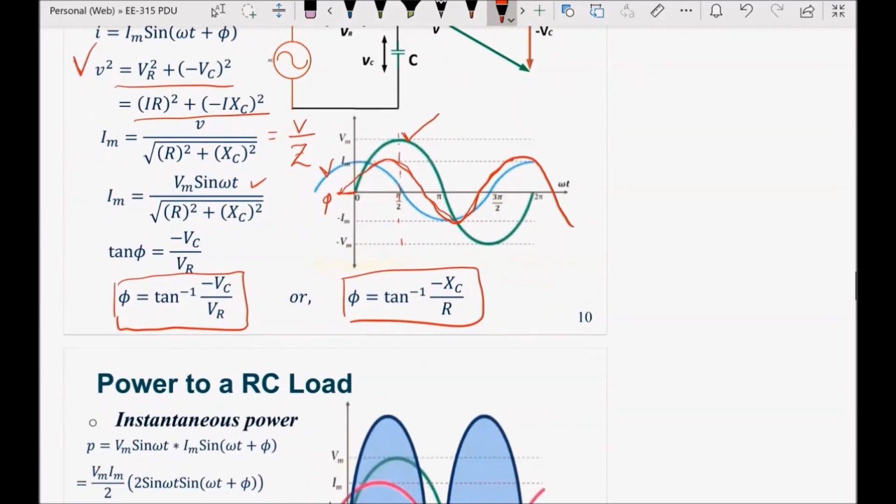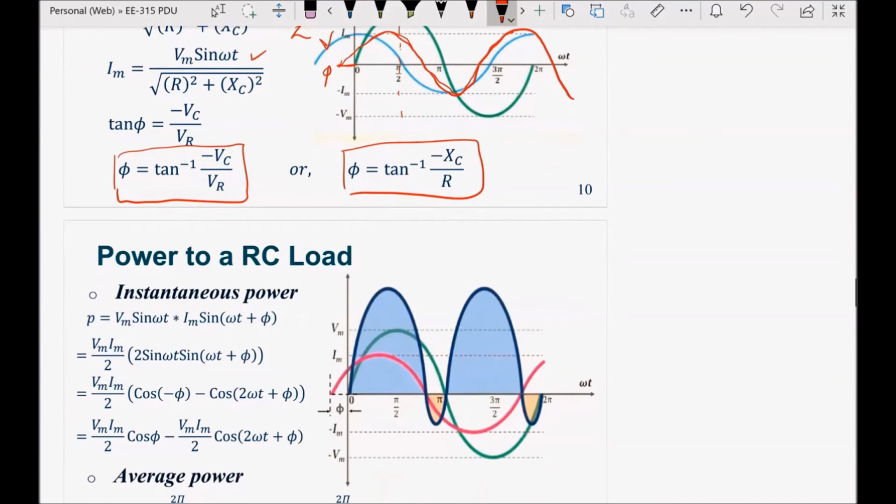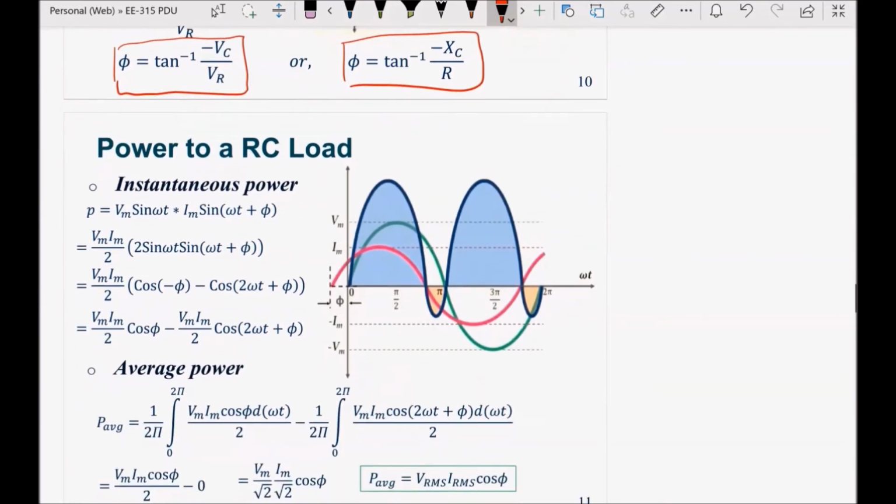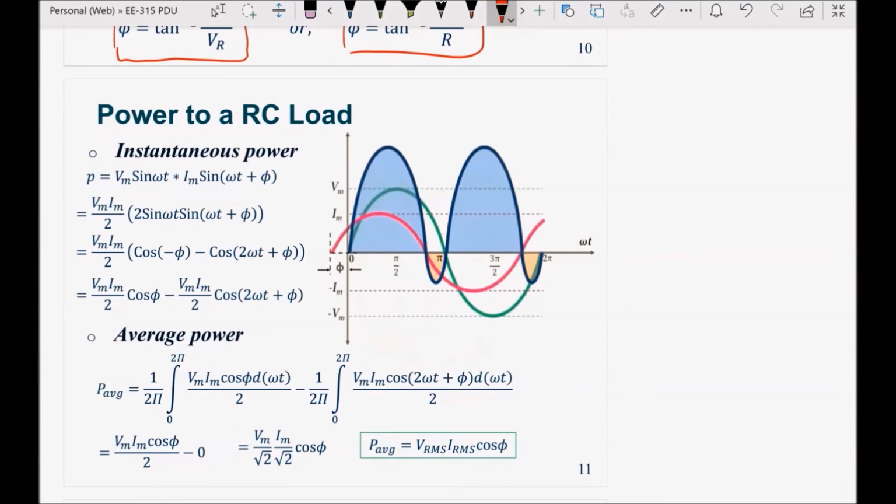Now to compute the instantaneous value of the power, we will simply take the product, and by solving the equation as in previous cases, the final expression will look like this. And again, the average power is the integral over the complete cycle of the instantaneous power.